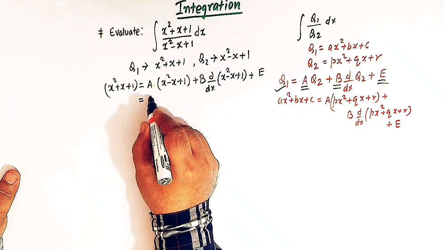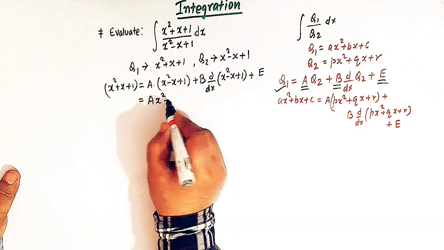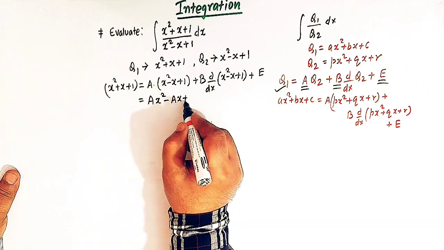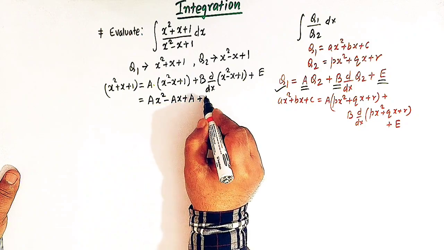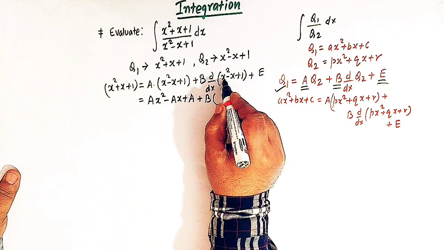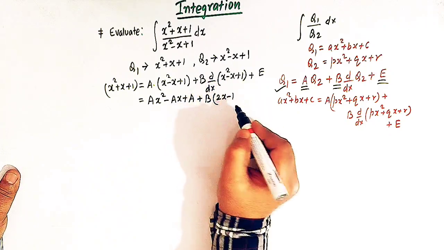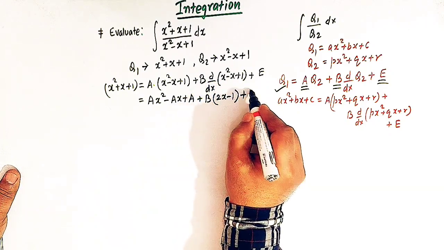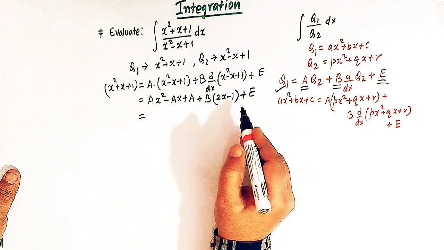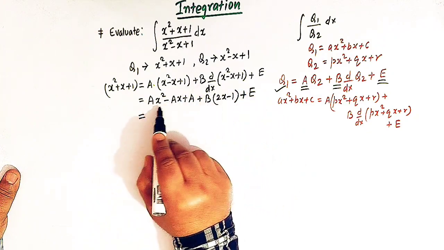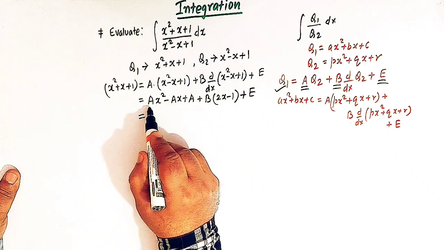Okay, so now we can write here ax square minus ax plus a, and then we have b times the derivative of x square minus x plus 1, which is 2x minus 1, right? And here we have e. So let us recollect the terms, that is the like terms.